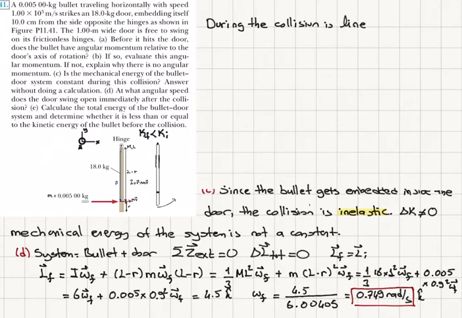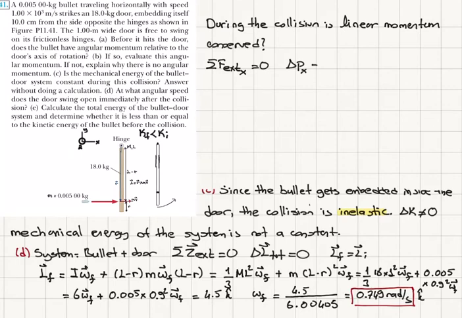My question is, during the collision, is linear momentum conserved? So normally we say if an object gets embedded into the other object that it hits, it's a perfectly inelastic collision and linear momentum must be conserved. So let's remember what is the condition for this linear momentum to be conserved here.